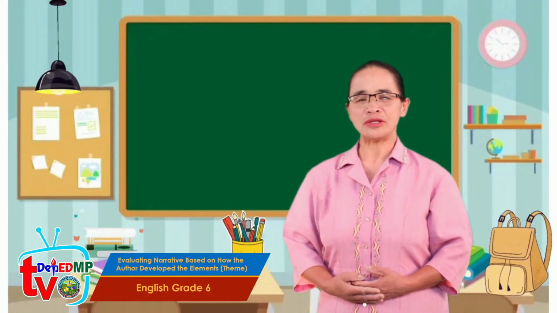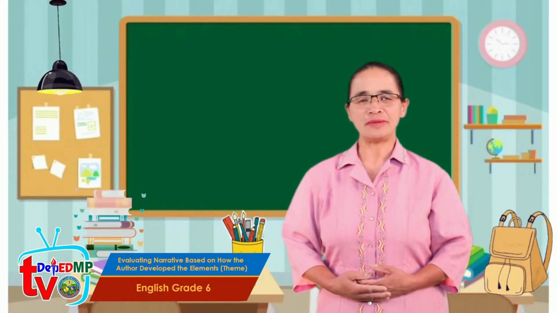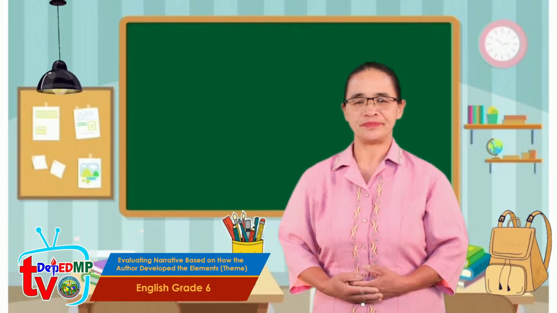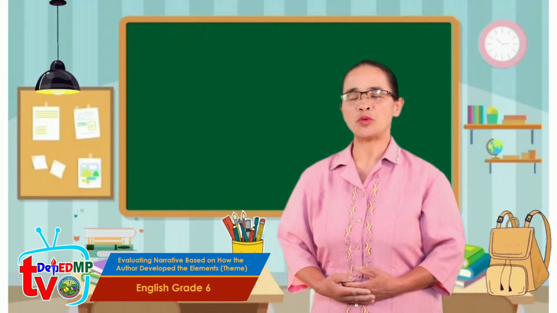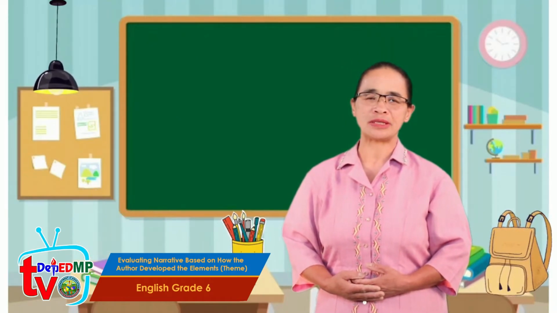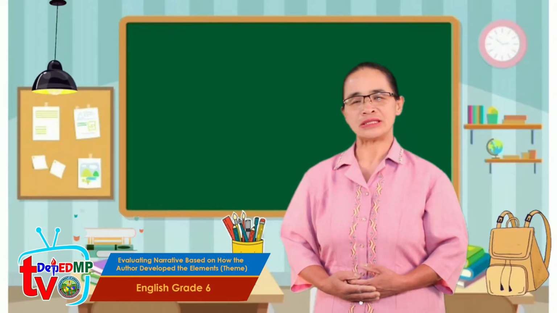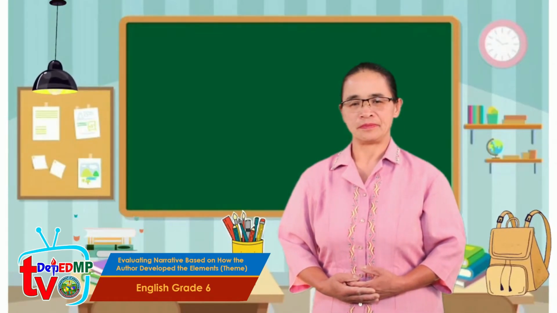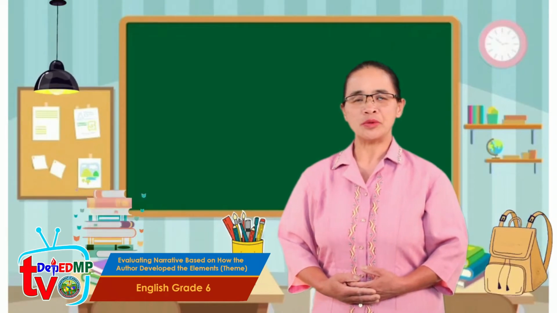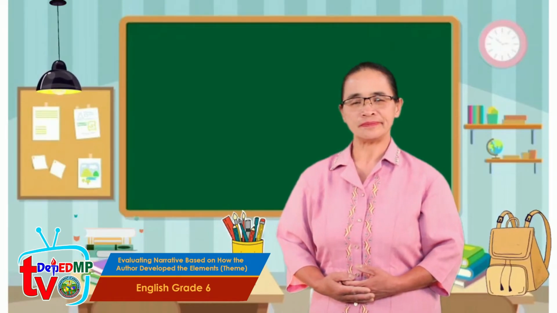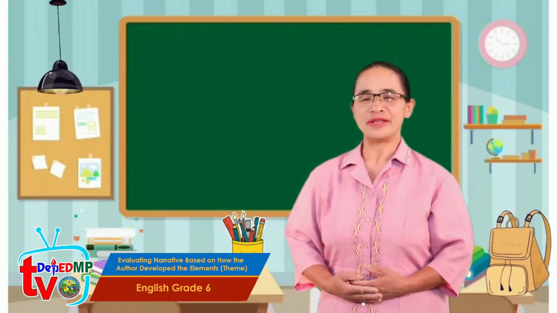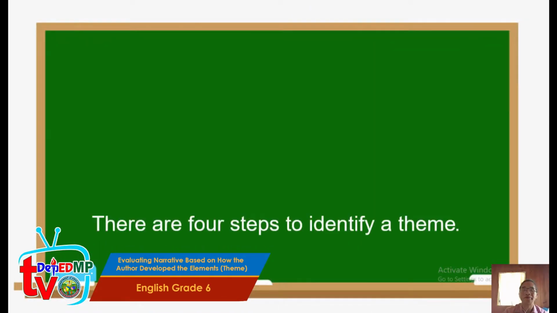In the story that you have just read, the theme is don't let money get the best of you. It was shown when Rosa was not tempted to keep the money. Instead, she returned it to the owner. If you were Rosa, would you have done the same thing? Yes, you should, because that is the right thing to do.